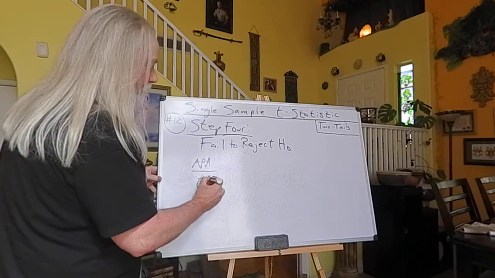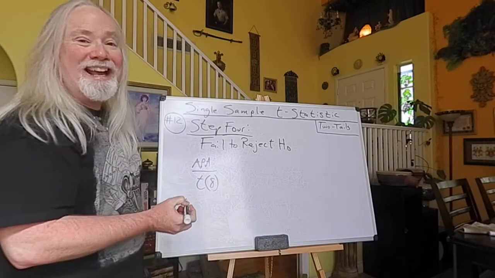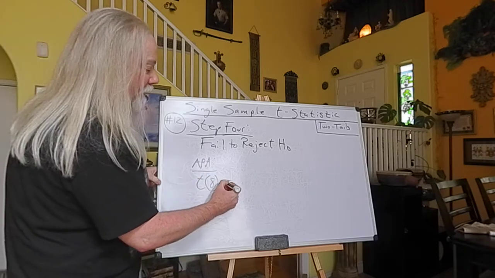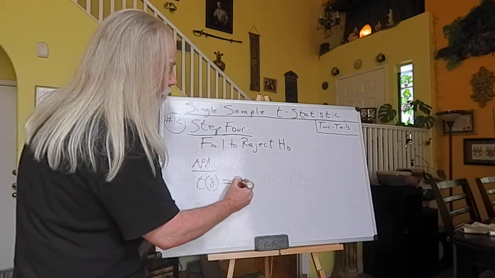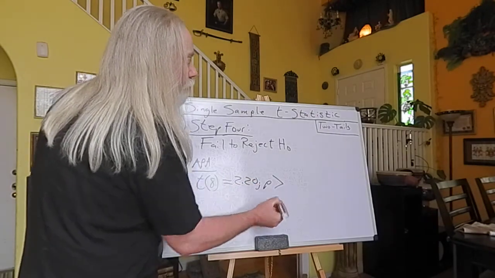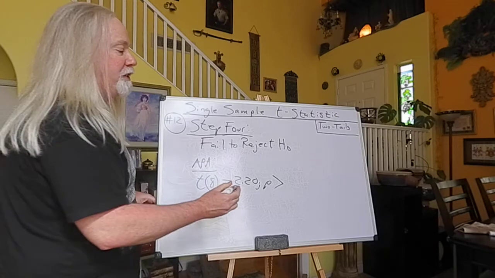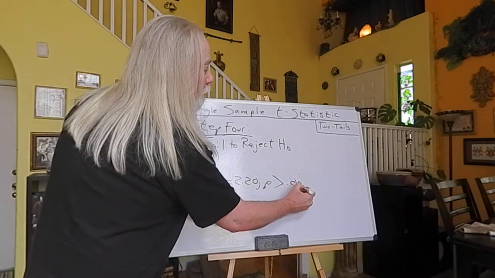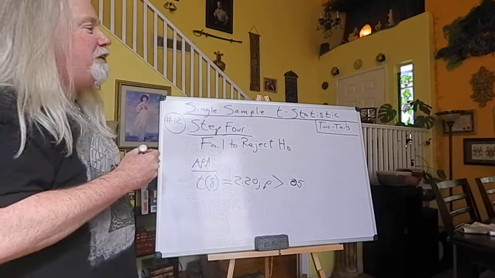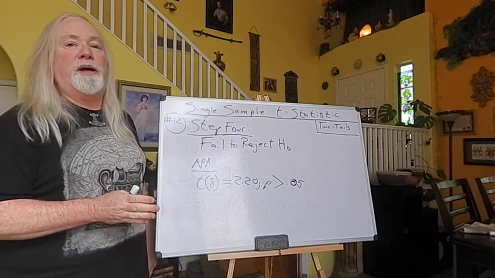And if we needed to write that in APA, we would say we have a T of 8. That's our degrees of freedom. So we say a T of 8 equals 2.20, semicolon, P greater than, because we failed to reject, our alpha level of 0.05. So hopefully you see that this is very, very similar to what we've been doing.